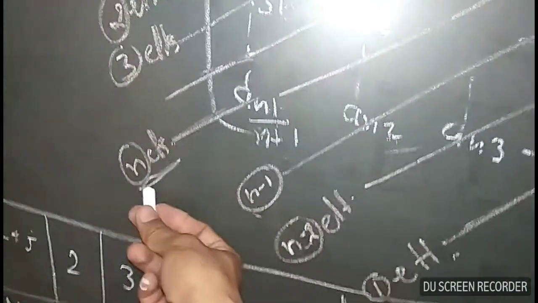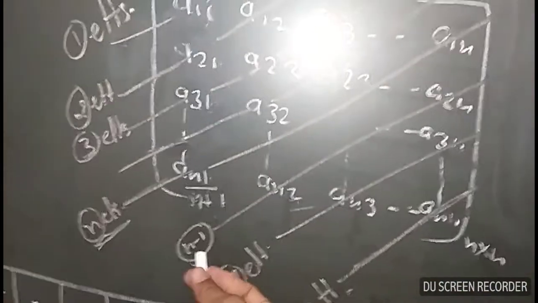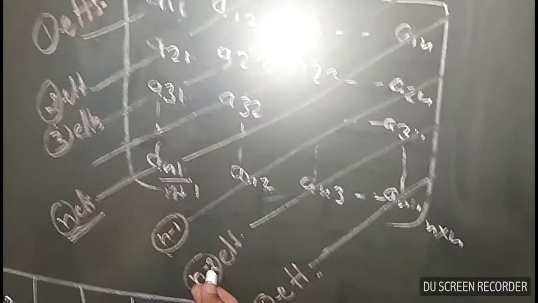So the principal diagonal has n elements, and below this we get n minus 1 elements, then n minus 2 elements.